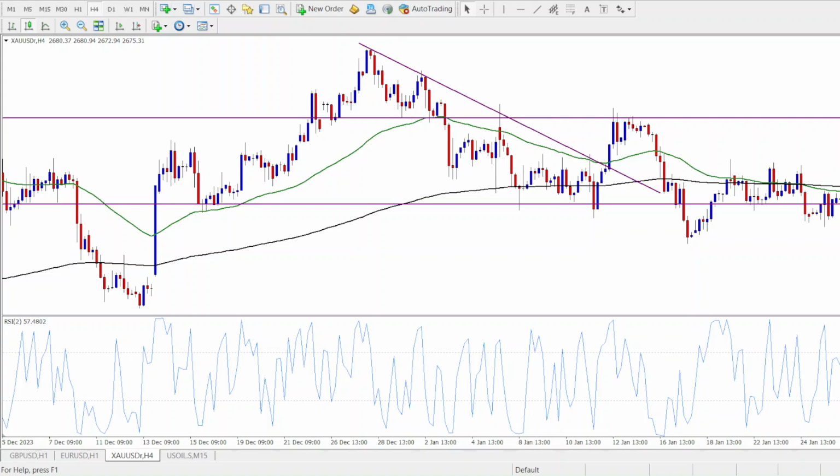You might want to aim for at least 1 to 2 or 1 to 3 risk to reward. This means that for every dollar you risk, you should be aiming to make $2 or $3 in profit. And in terms of lot size, adjust it so that you are risking no more than 1 to 2% of your account balance per trade.